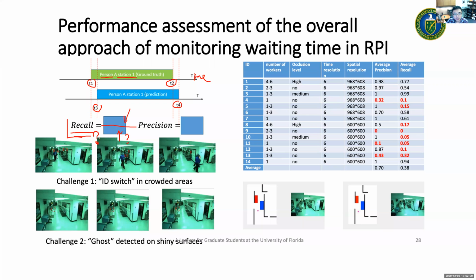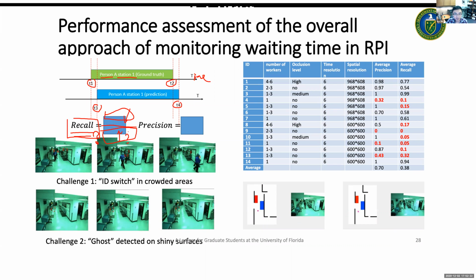Recall rate means I focus on the thing I'm interested in. The event I'm interested in is person A approaching station 1. The recall rate means when this thing actually happens, the likelihood my model can capture that. Make sense? So let's see, what is the duration that this thing actually happens?